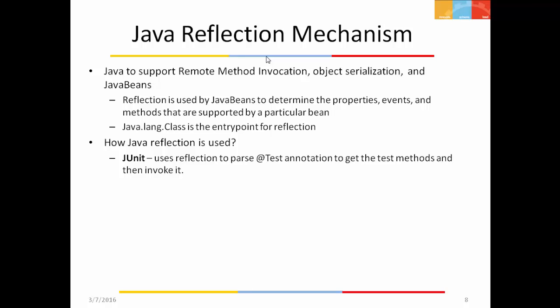JUnit expects that inside your class you not only have simple methods but also unit test methods, and for that you need to annotate those methods using @test. JUnit uses the reflection mechanism to find out where these annotations are present, and then it can get those methods which are meant for unit testing, and JUnit can invoke them.